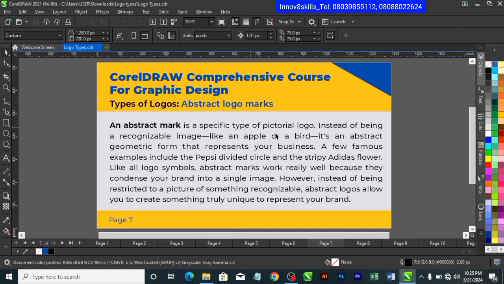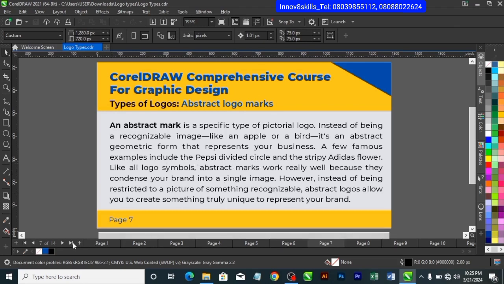It's a specific type of pictorial logo, just like a normal image. But with this one, the image they use might not actually represent your business. When you look at Apple, the image there is just the normal apple that you know, and Twitter is a bird. This one, they might just come up with any shape that is very unique and use it to represent the business, like Pepsi and Adidas.